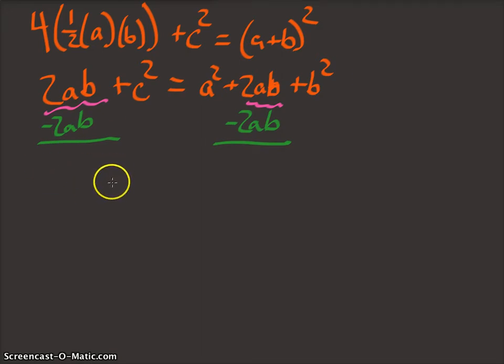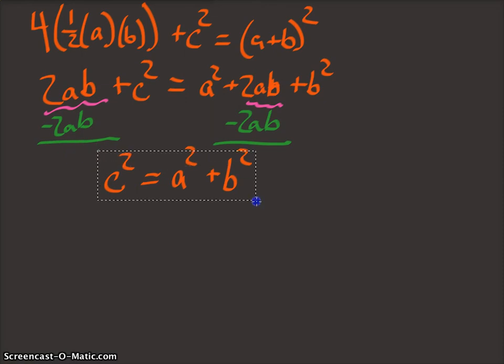And we are left on the left side of our equation with C squared is equal to A squared plus B squared. And therefore, we now can say we have proven the Pythagorean theorem.